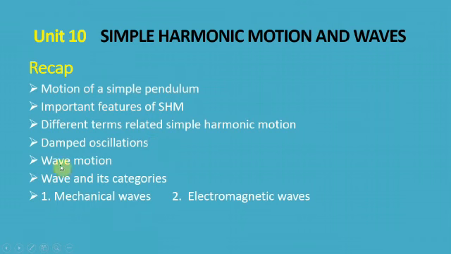Then we discussed wave motion, that waves carry energy from one place to another. We discussed two categories of waves: mechanical waves and electromagnetic waves. Mechanical waves require a medium for their propagation, while electromagnetic waves do not.